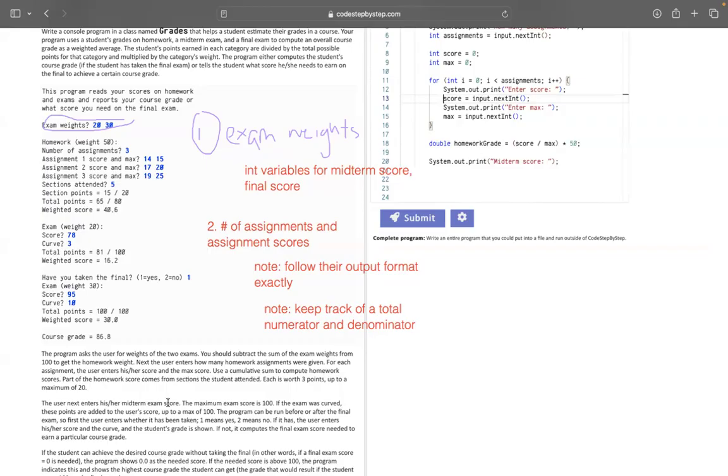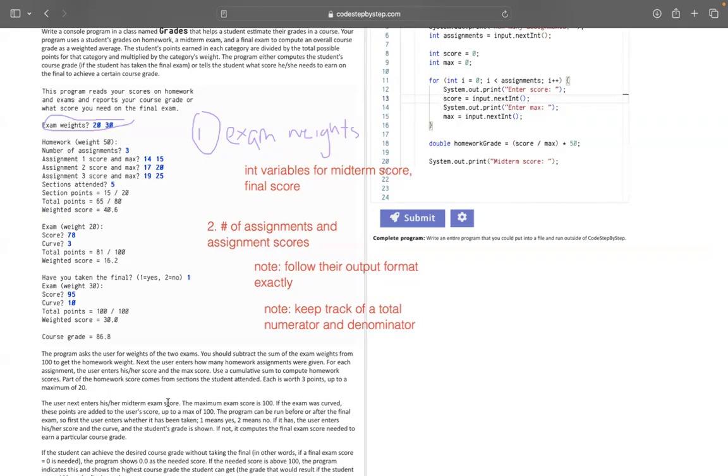So what you should do is add all the scores up for every assignment that the user has, and then add up all the max points per assignment, and that way you can do a total numerator divided by total denominator. Does that make sense? Yeah, that makes sense.